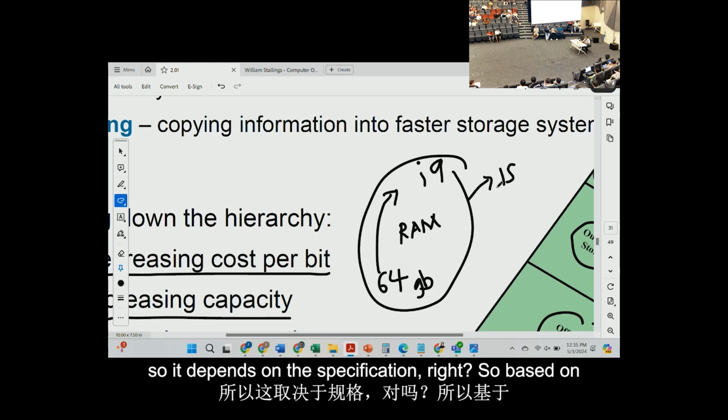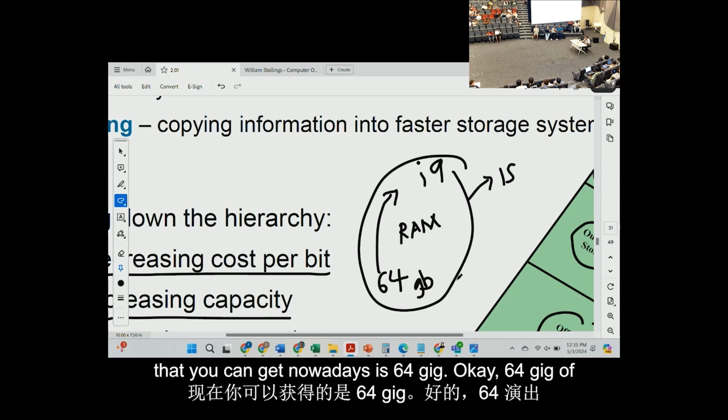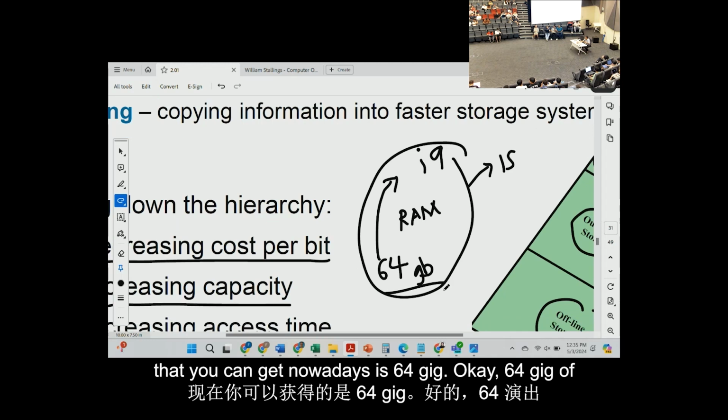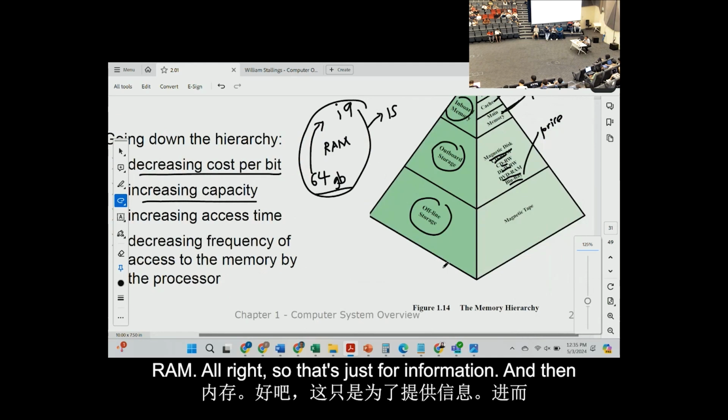It depends on the specification, right? So based on your friends, the highest laptop RAM that you can get nowadays is 64 gig. Okay, that's just for information.